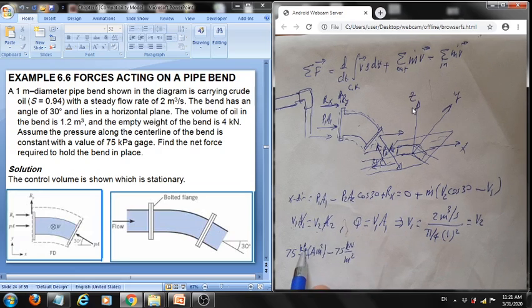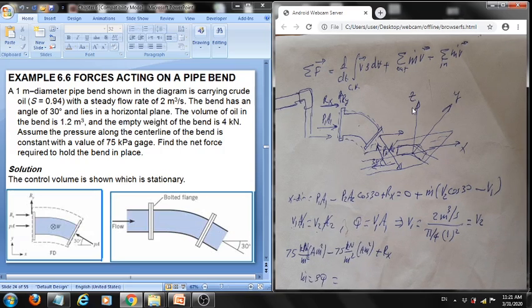This is what I meant to say. Multiplied by the area, which is in meter squared, plus Rx. Now m dot is simply rho Q.